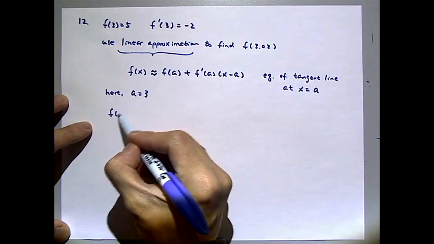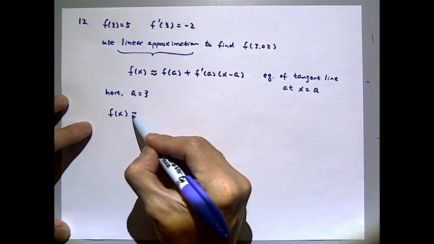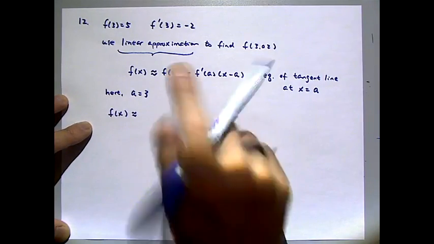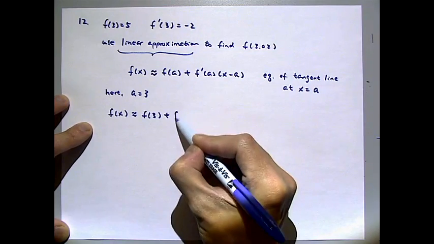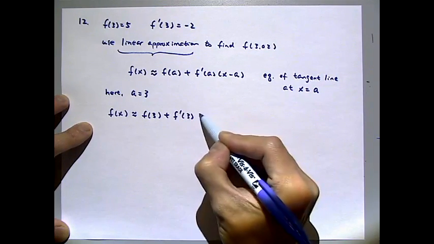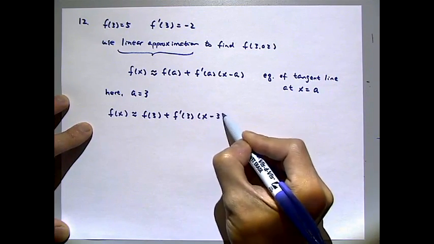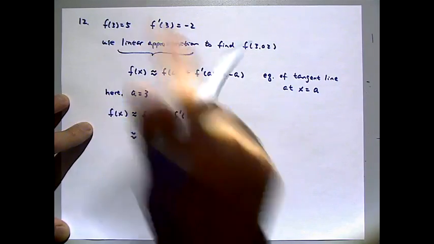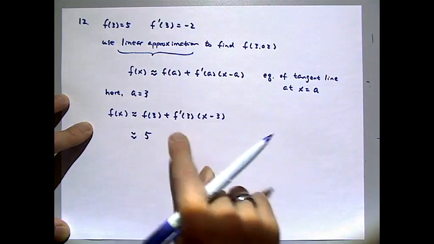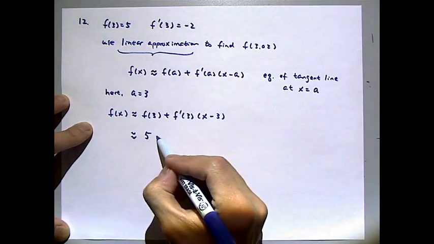So f of x is going to be roughly equal to f of a, f of 3, plus f prime of 3 times x minus 3, which is roughly equal to, we know that's a 5, that's a minus 2.